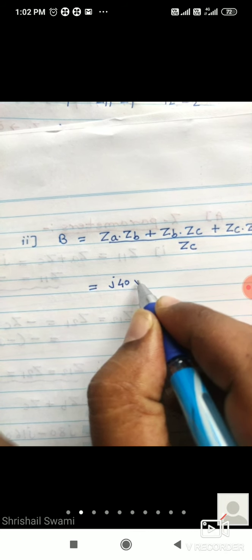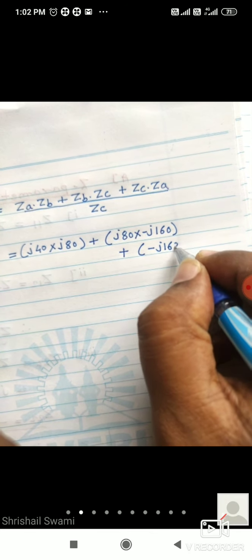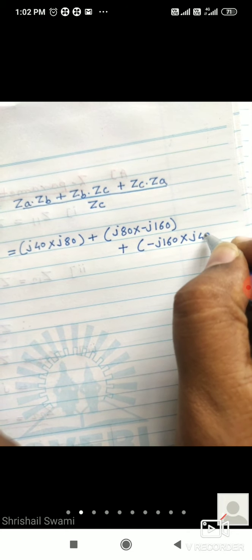So ZA into ZB, that is J40 into J80, take in a bracket. Next plus J80 into minus J160. Next plus minus J160 into J40.